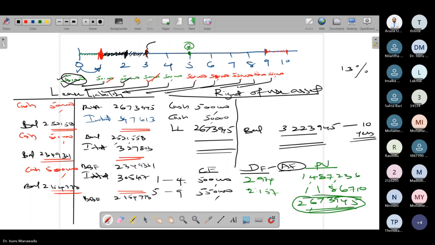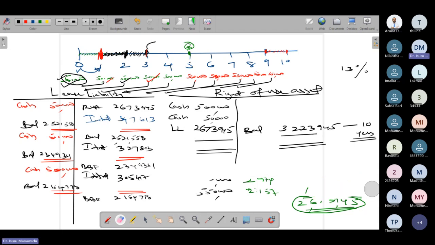Okay. Now, what is the right of use asset balance at the end of the third year? So I will erase this amount. So already we have calculated it now.